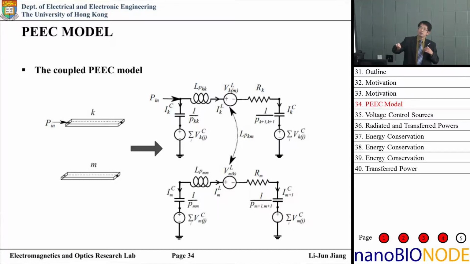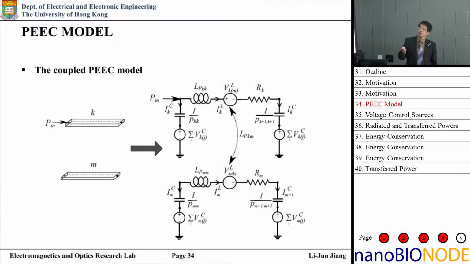These are the targets we want to analyze, but at the same time, we can build the circuit model, basically based on an electric field integral equation. We build a circuit model, and this model is called a PEEC model, partial element equivalent circuit model. This model has a capacitive branch and an inductive branch.